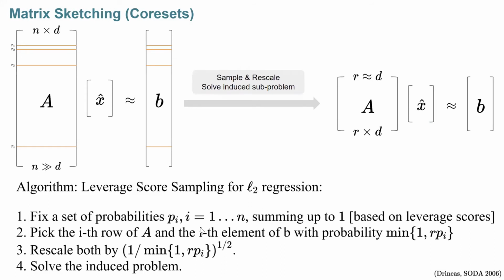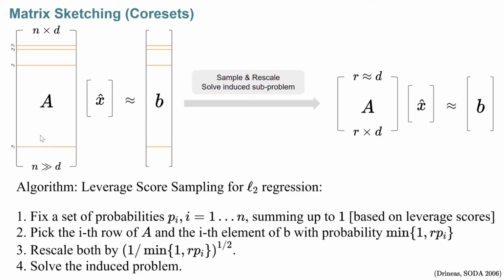So let's look at leverage score based sampling and how you can use that to construct matrix coresets. Let's say this was your actual data, the same problem. You have an over-constrained problem with n much greater than d. Now you want to pick out particular rows from this matrix A, right?